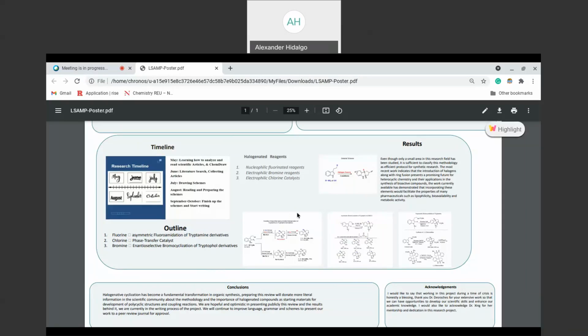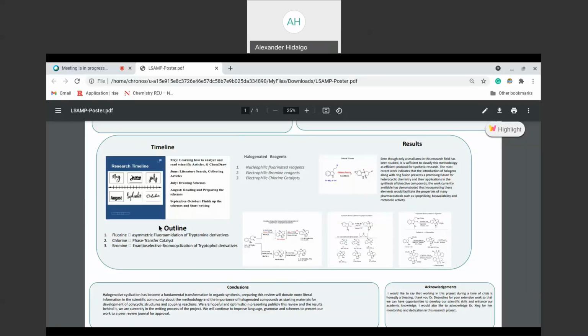Here to our left, this was a particular project that involved bromination and chlorination of tryptamine derivatives. To our further right, we have a halogenative route for the cyclization of tryptophan derivatives.